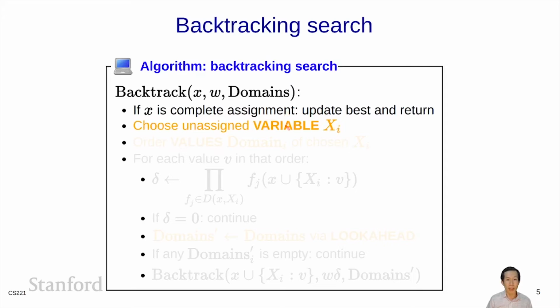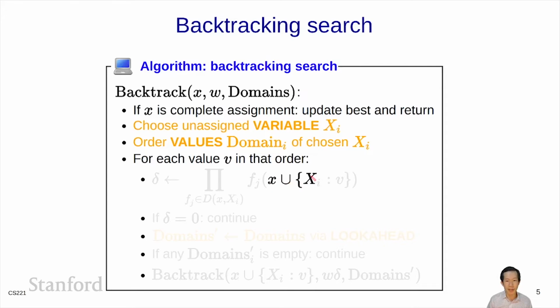If not, we're going to choose an unassigned variable xi. We're going to look at the values in the domain i of xi and order them somehow. We're going to go through each value in that order, and compute a weight update. So we're going to look at this assignment, which is x extended with xi set to v.